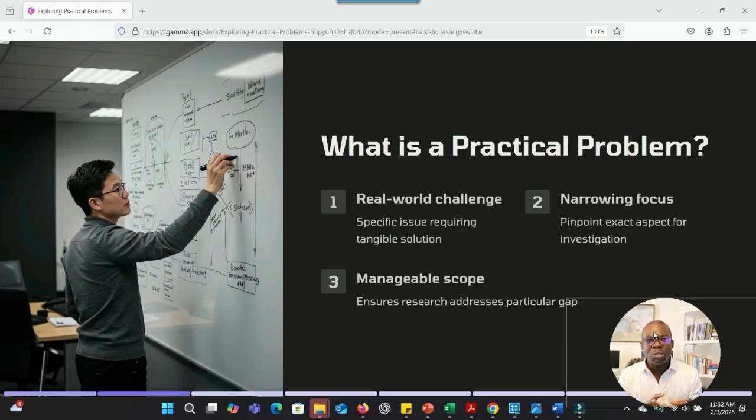Practical problem is useful especially when you are doing action research. It's all about identifying a practical problem and then doing research to help you to address the problem. Sometimes you may not really understand the scope of the problem. You can do research to better understand the problem. All the stakeholders have little knowledge about the problem.